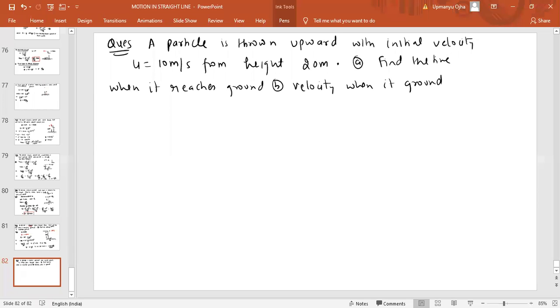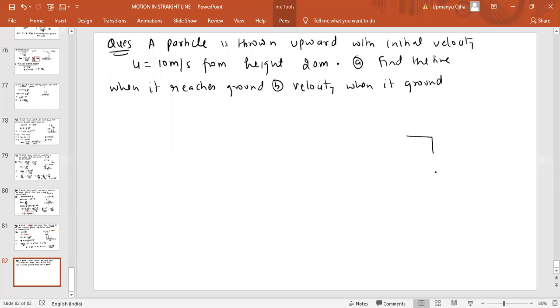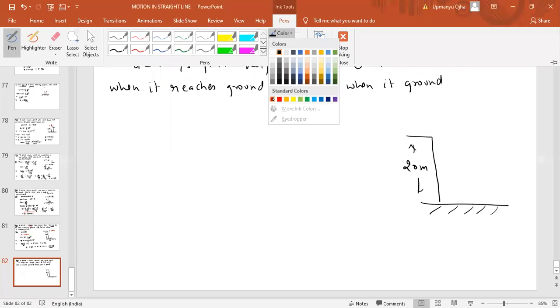Now here again, first of all, we have to draw the figure. This is the ground. This is height 20 meter. Now in this case, we are throwing the object upward with 10 meter per second.